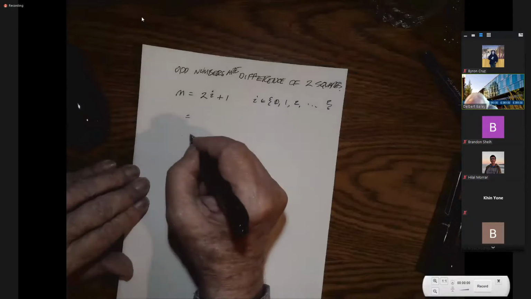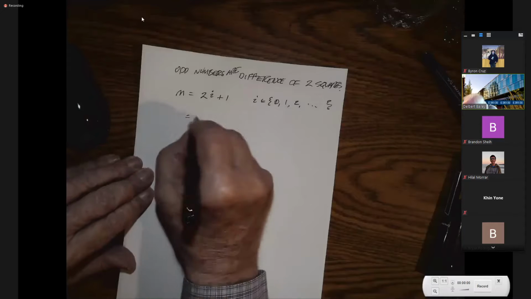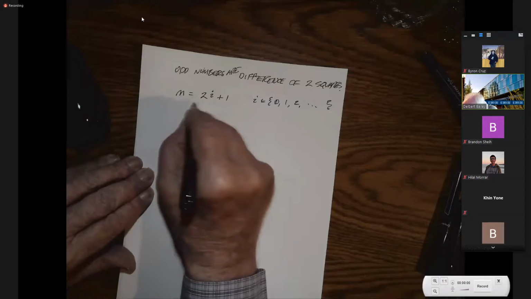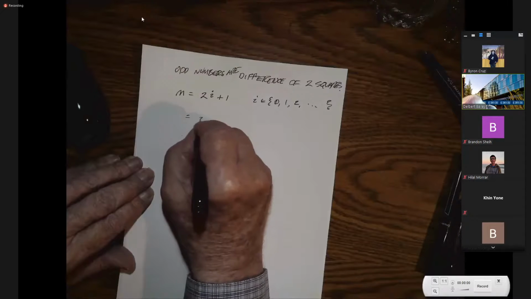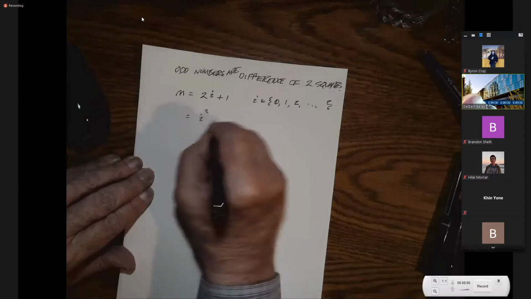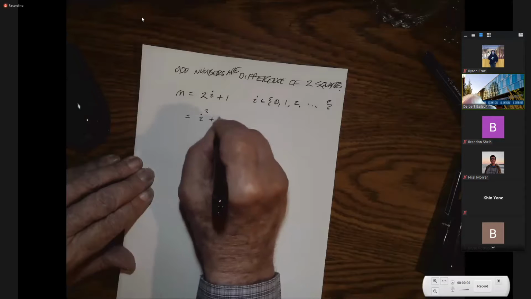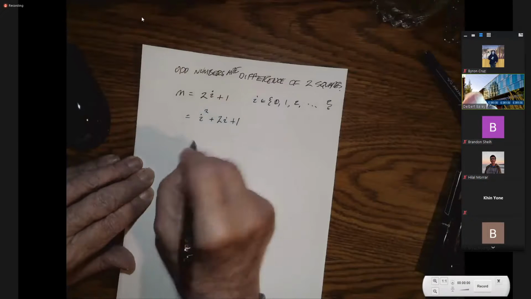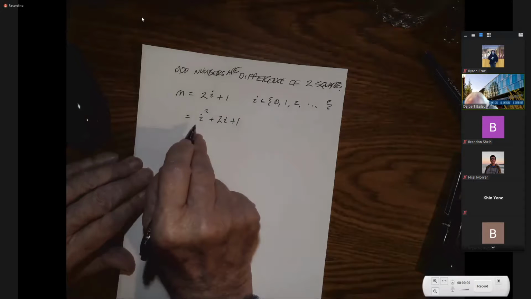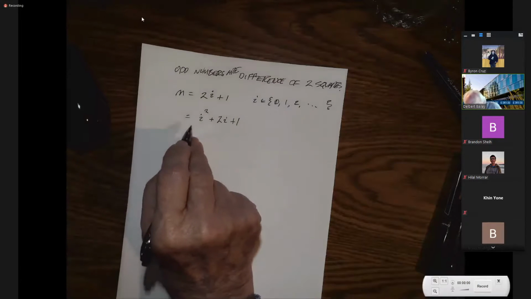Okay, here's some algebra. I'm going to take this thing and add to it i squared. But if I add i squared, then I also want to subtract i squared.